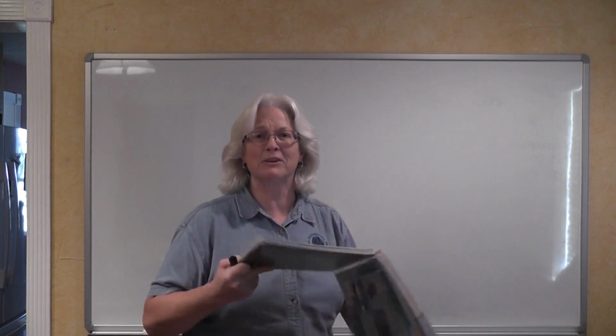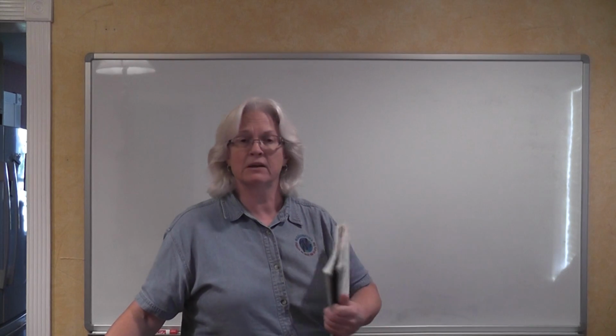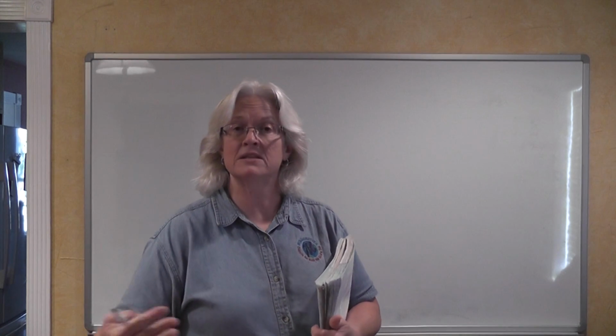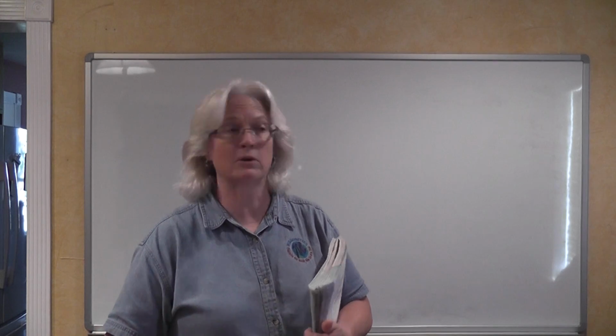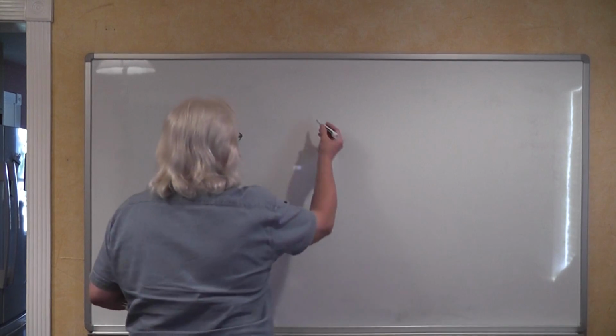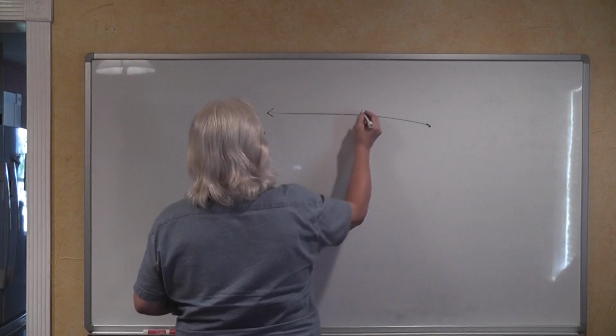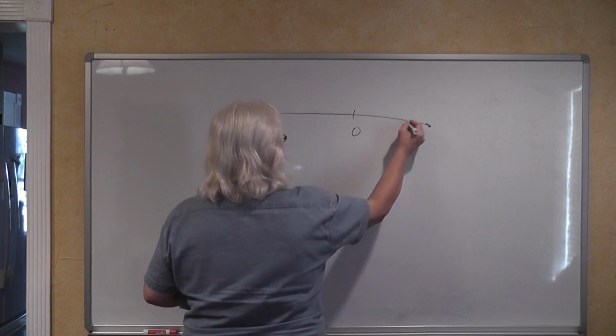So, absolute value equations. I'm beginning on page 150, and we start by asking, what exactly is absolute value? We learned that absolute value is the distance from 0 on the number line, and that it's always positive. So here is my very crooked line. Here's 0.